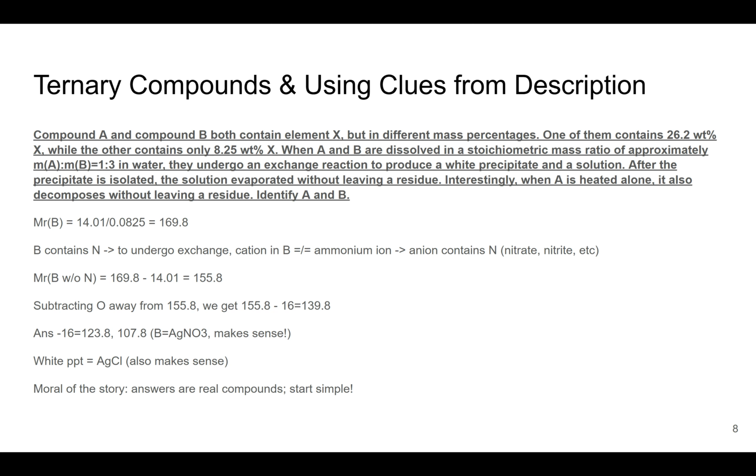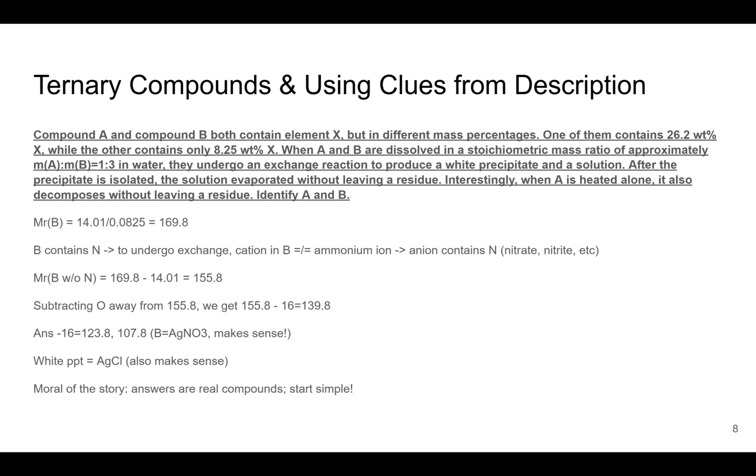So another thing to note is that since B contains nitrogen, to undergo exchange reaction, the cation in B must not be the same as the cation in A, which we have confirmed is the ammonium ion. So we know that the anion in B probably contains the nitrogen instead of the cation.